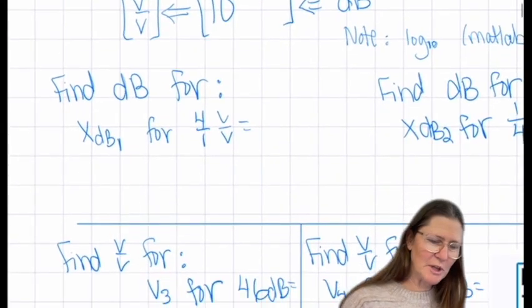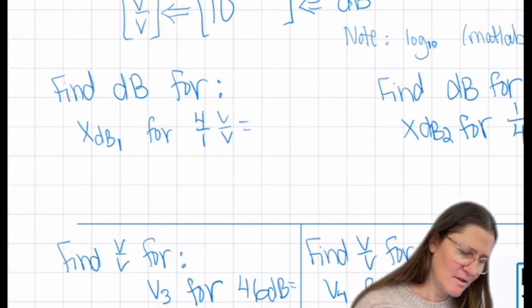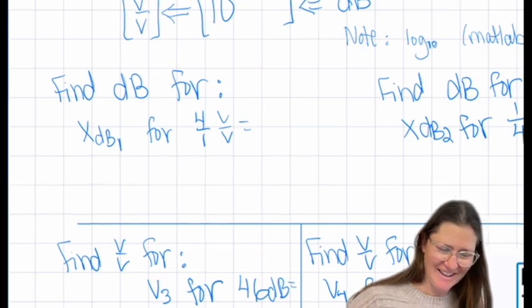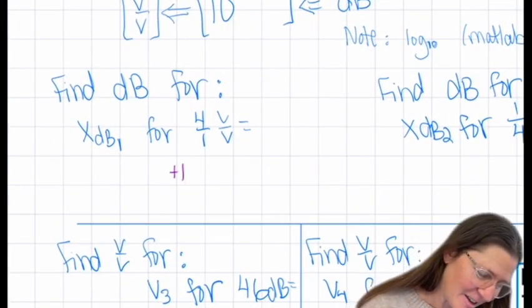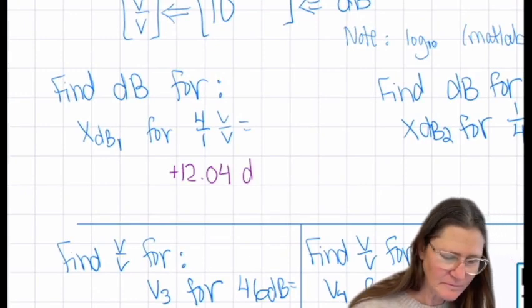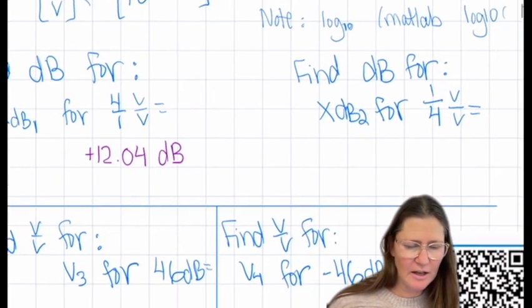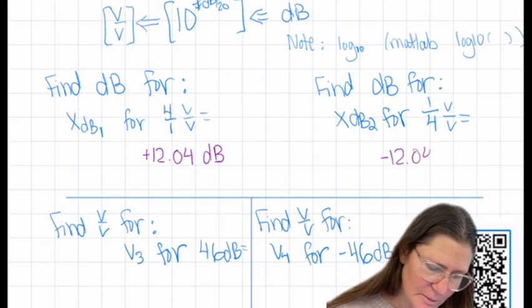So 4 will be plus 12.04 dB. And then a 1 over 4 is going to be a minus 12.04 dB.